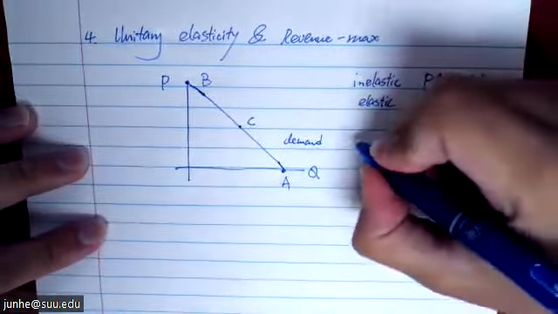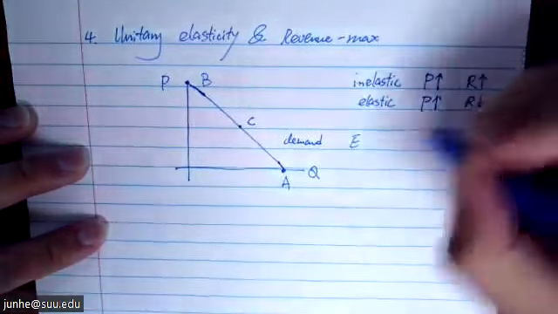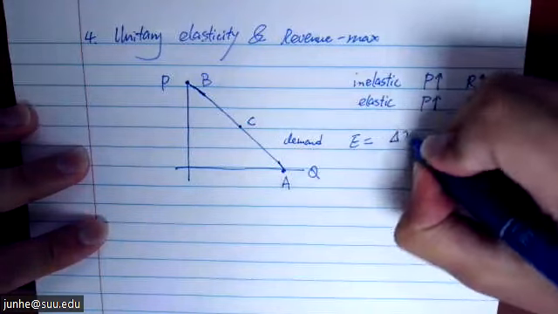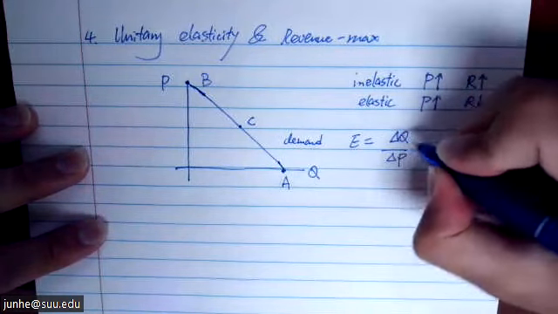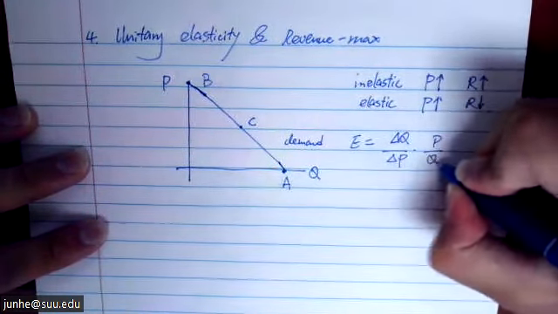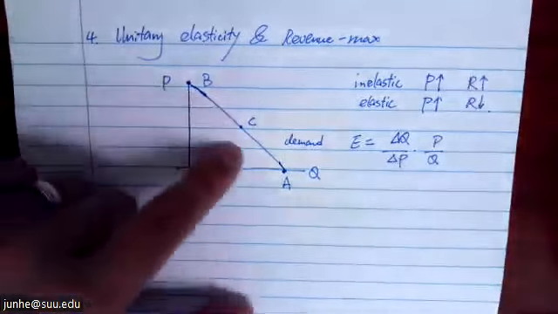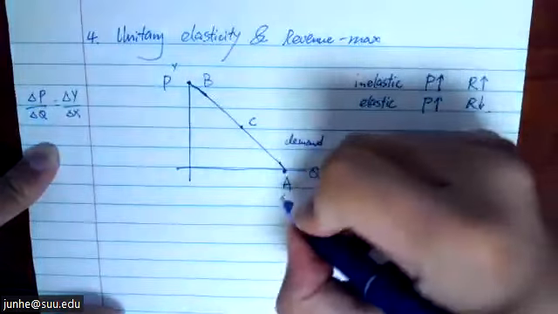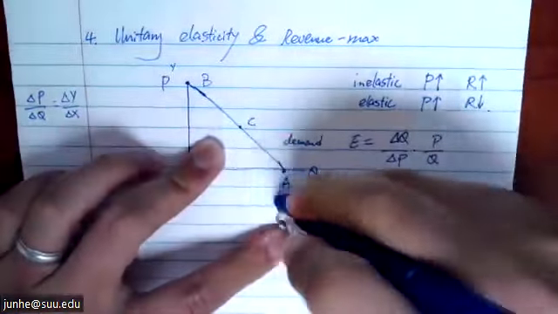So here we're going to utilize the slope version of elasticity, which is delta Q over delta P times P over Q. For this line, its slope is actually delta P over delta Q. Remember, it's delta Y over delta X, where Y is the vertical axis and X is the horizontal axis.